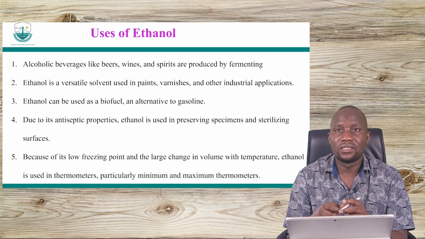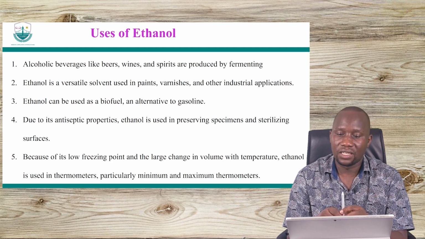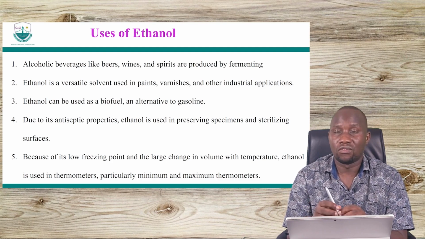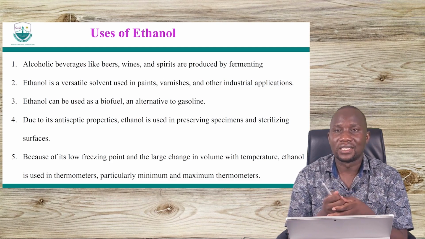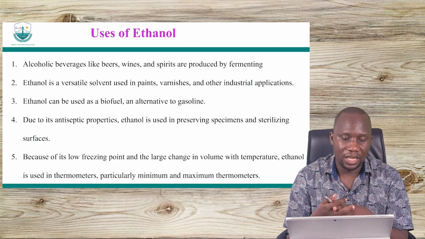So this ethanol can be used for a number of processes: for making alcoholic drinks at actual industrial level, and it can be used in paints, varnishes, and other industrial applications. It can also be used as biofuel, as an alternative for gasoline, and as an antiseptic to clean our hands, what we call sanitizers these days.